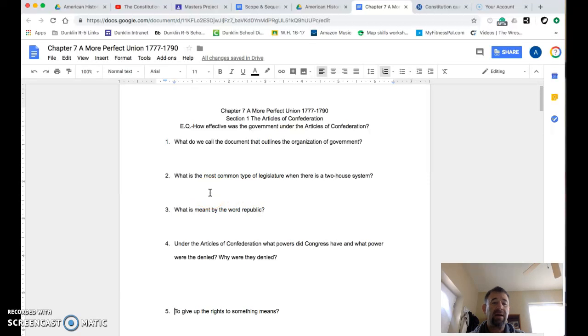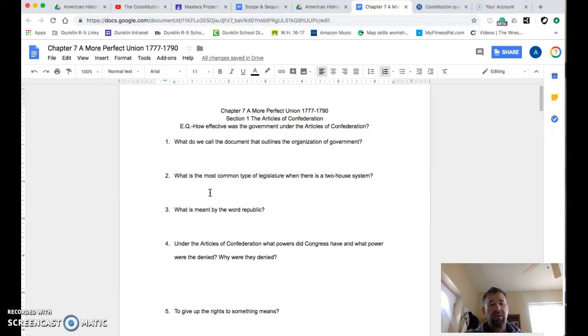It was a bicameral system, and it was found in the state government, right? Not yet in the Articles of Confederation. What did we have for the Articles of Confederation as far as a sort of legislative branch, right? They were just representatives from each one of the states that had existed at that time.